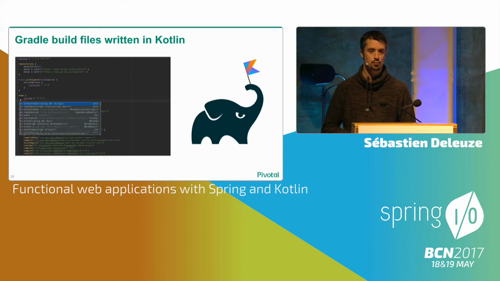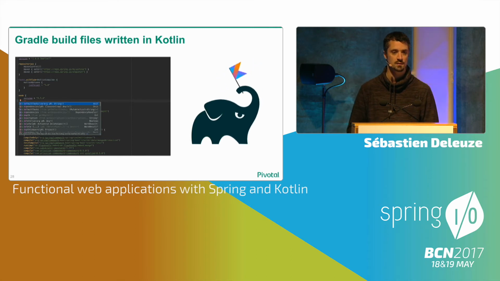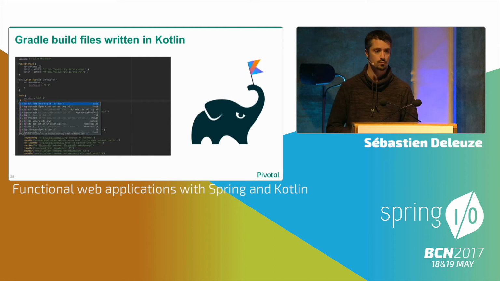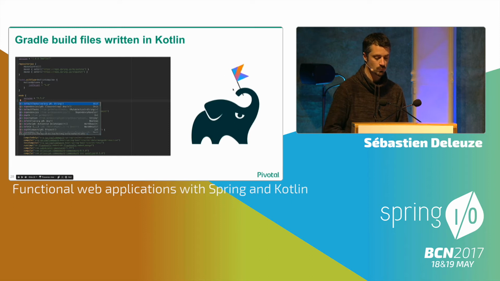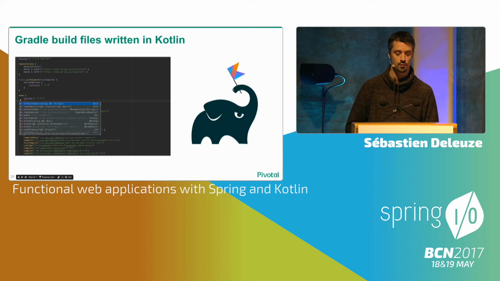In addition to Google, Gradle announced a few months ago that they are going to officially support Kotlin. That means that in addition to the regular Gradle build files written in Groovy, you will be able, and you are able nowadays, to write them in Kotlin. So the syntax is quite close to the Groovy one.